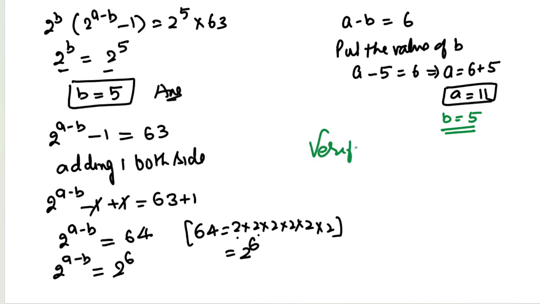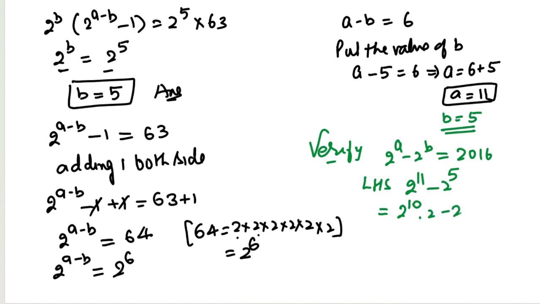Now to verify, we put 2 power a minus 2 power b equal to 2016. Now put the value of a and b. So 2 power 11 minus 2 power 5. 2 power 11 can be written as 2 power 10 into 2, minus 2 power 5, and 2 power 10 is 1024, into 2, minus 2 power 5 is 32.